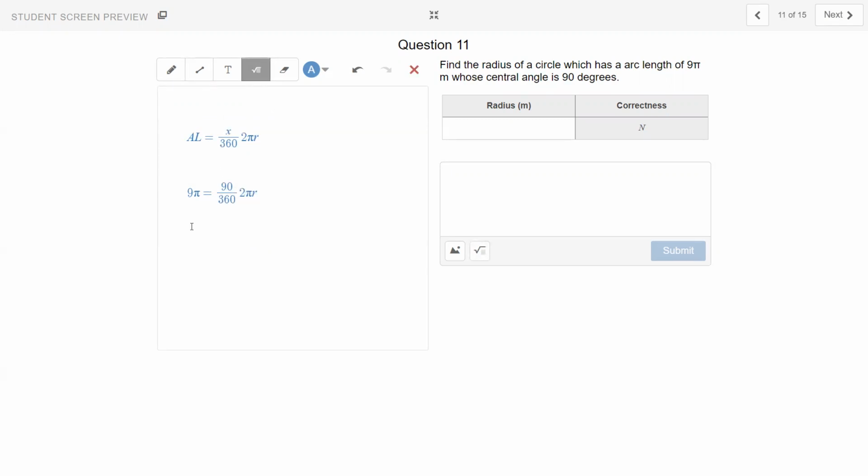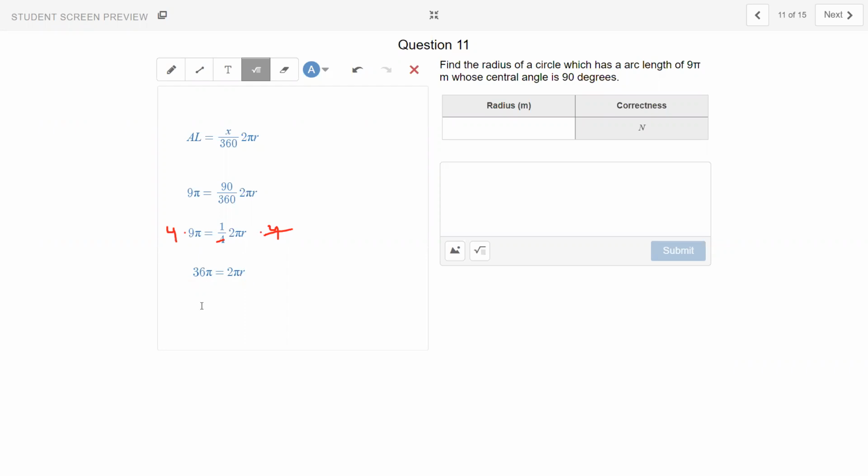Okay, this one we can reduce again, so 9 pi equals 1/4 times 2 pi r. I'm going to multiply both sides by 4. That's going to give me 36 pi equals 2 pi r.